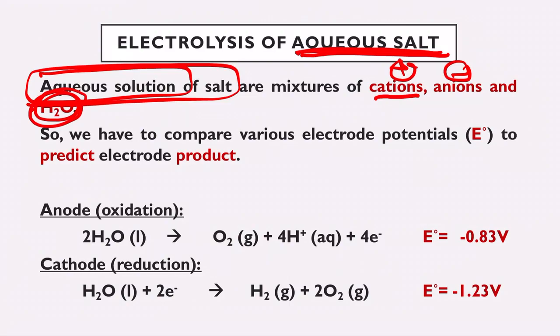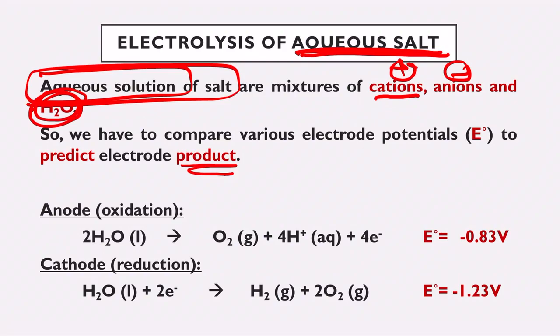So that means you have 3 options right now. So how do we pick? How do we predict what product will be formed at your electrode?